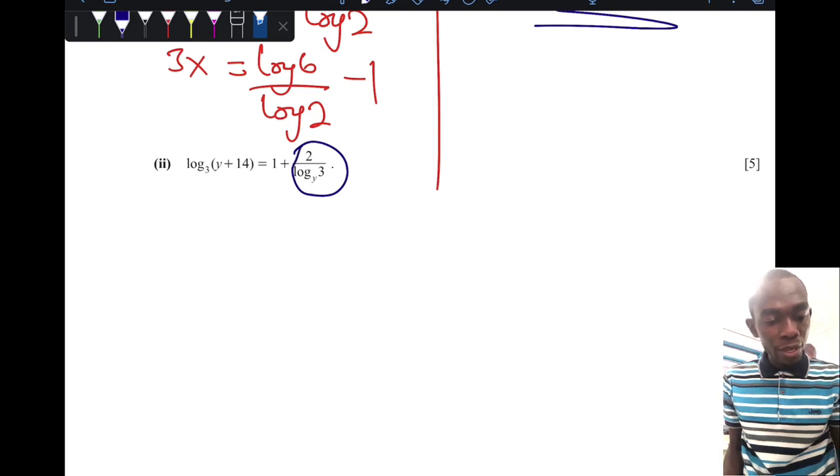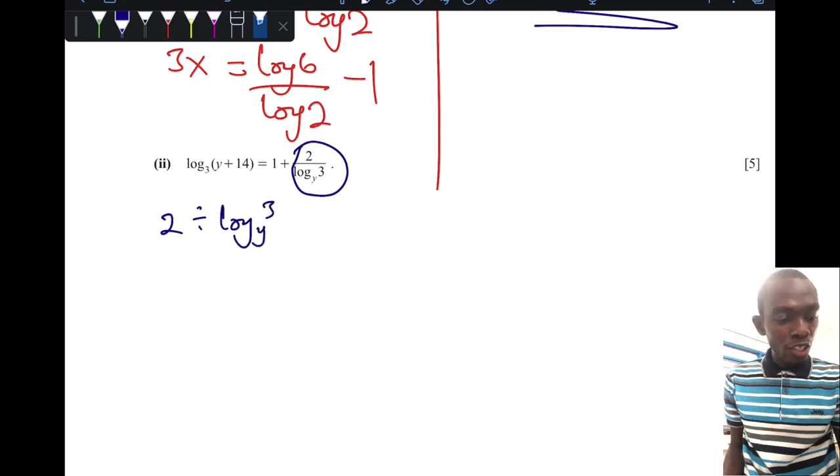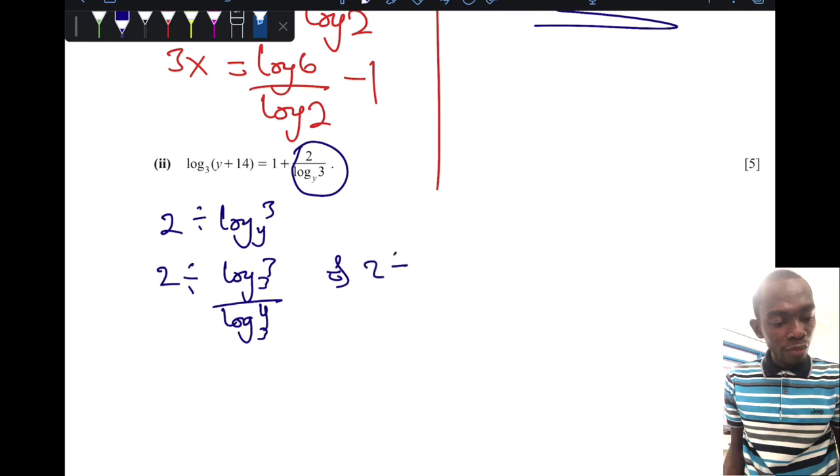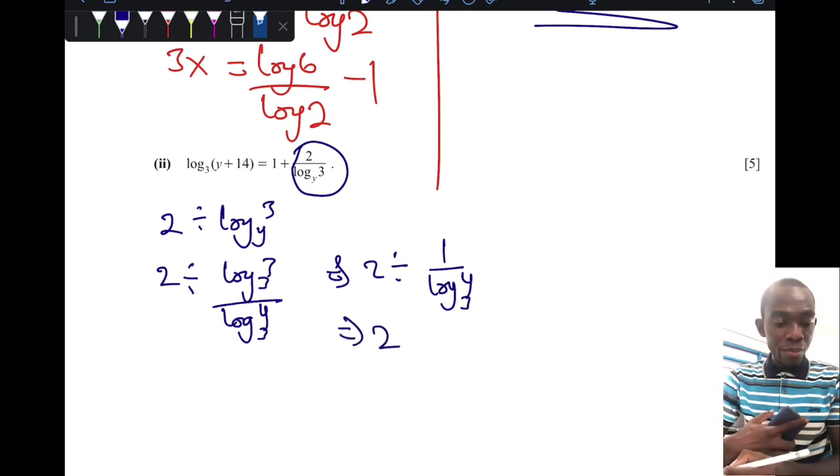Let me change it to base 3. So 2 divided by log 3 base y. So let's change that. We'll get log 3 base 3 over log y base 3. And that will give us 2 divided by 1 over log y base 3. That will become 2 times log y base 3.